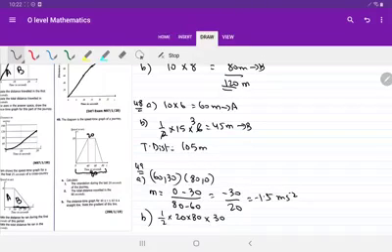Half into sum of parallel sides into height, that is 30. Half into 20 plus 80 is 100, into 30. 1500 meters.